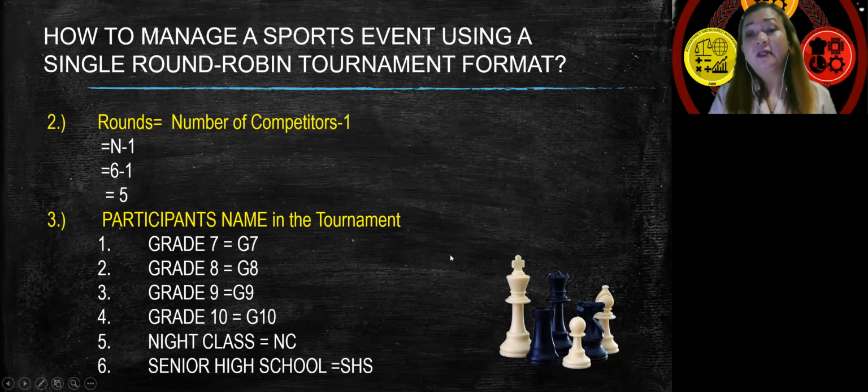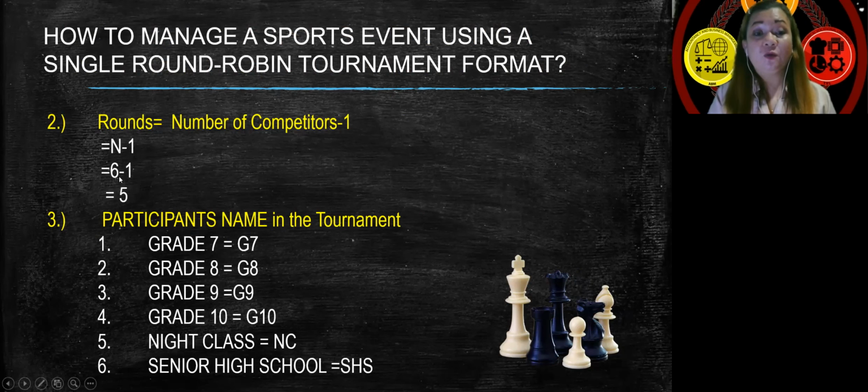And of course, after getting the matches, let us get the rounds. Getting the rounds is very important because later you will be using it in scheduling. How do we get the rounds? We have the number of competitors minus 1, so again, N minus 1.